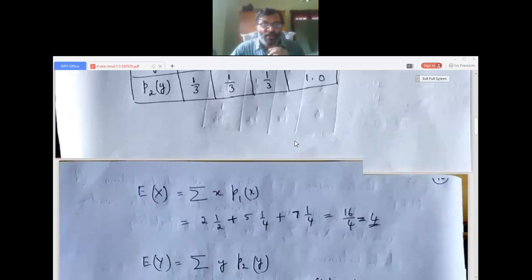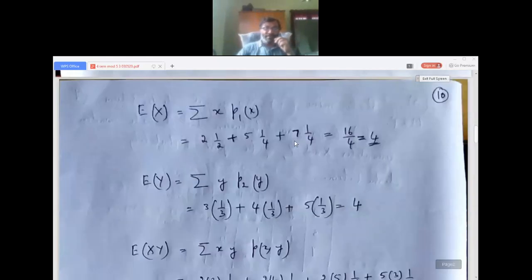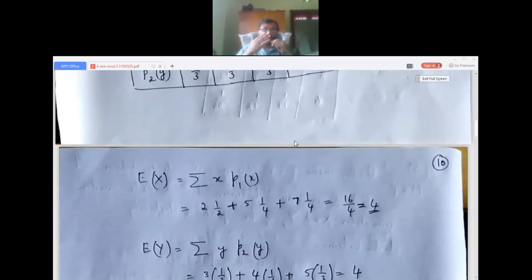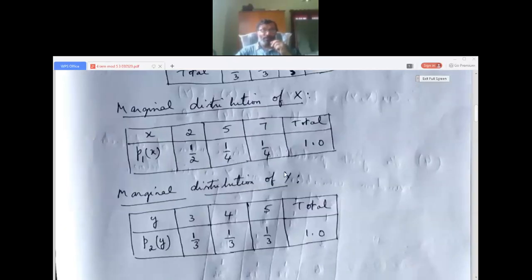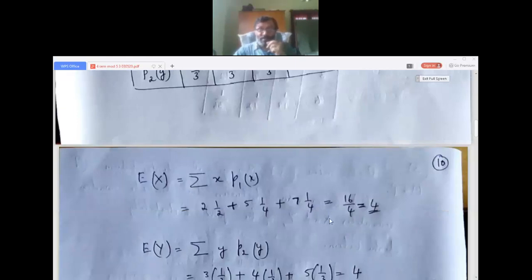Okay. Now the second sub-question, the covariance of x comma y. In that, first E of x. The formula for E of x is sigma x into P1 of x. So 2 into half plus 5 into 1 by 4 plus 7 into 1 by 4, which gives 16 by 4, equal to 4.